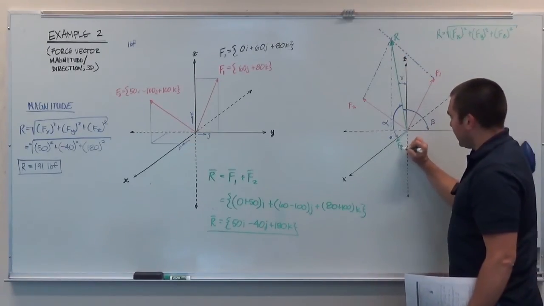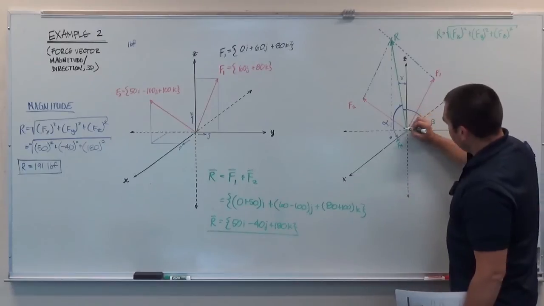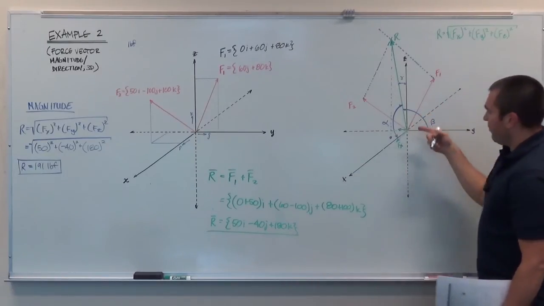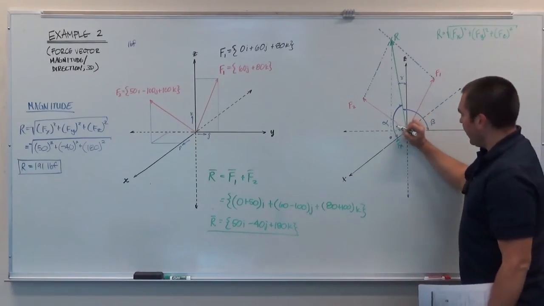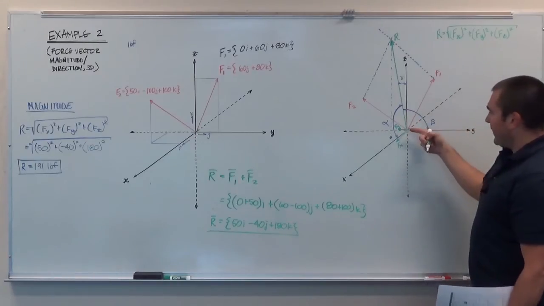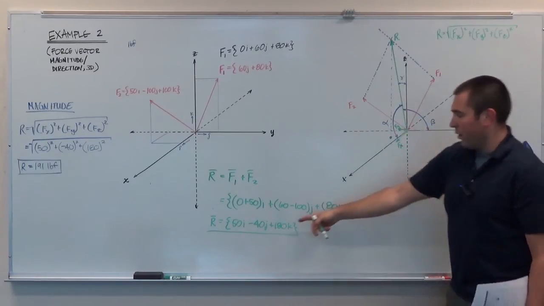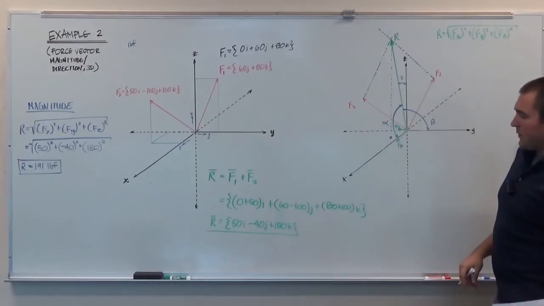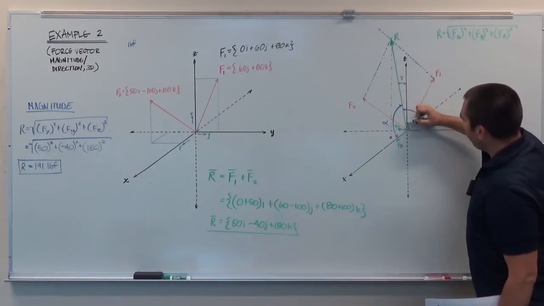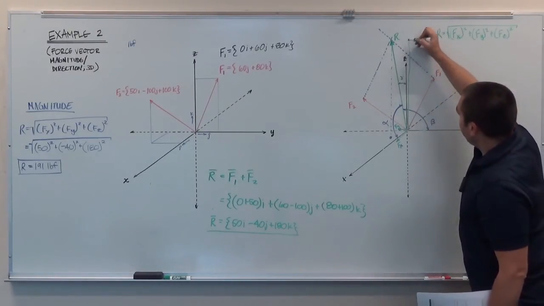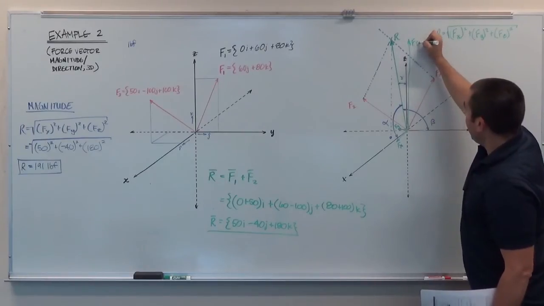I'll call that Fx. We're going to have some component parallel to the y-axis. I'll call that Fy. And that's, again, in the negative direction. That's why we have negative 40, here's a coefficient of j.